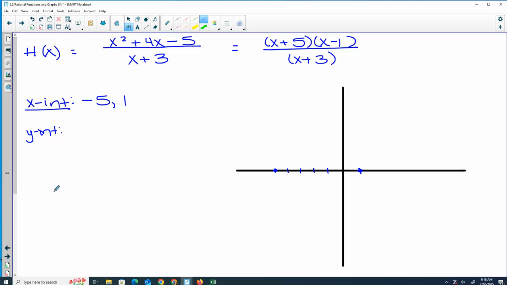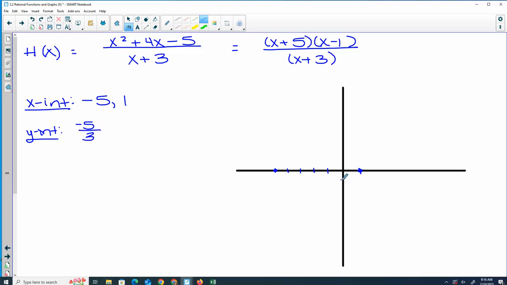How do we find a y-intercept? 0 for the x's. Doesn't matter if you do the factored form or the original. If I just go with the original, I have 0 plus 0 minus 5, so negative 5, over 0 plus 3 is 3.